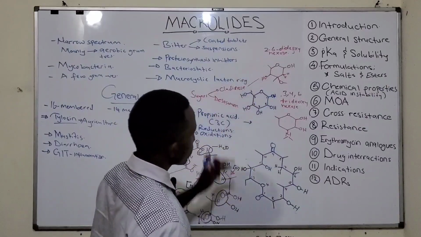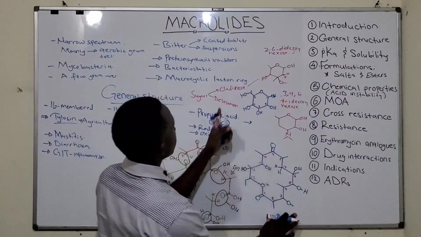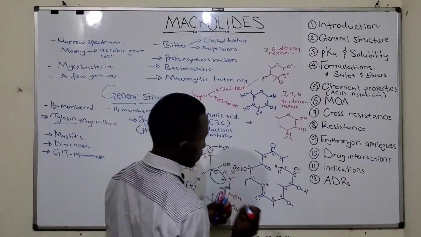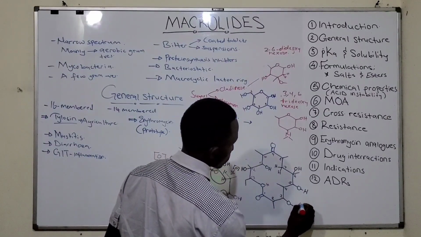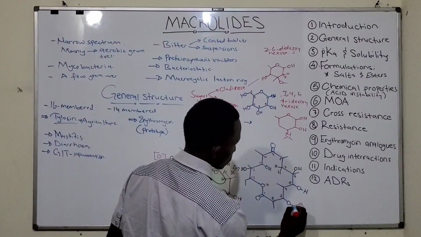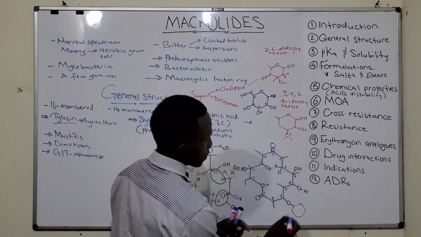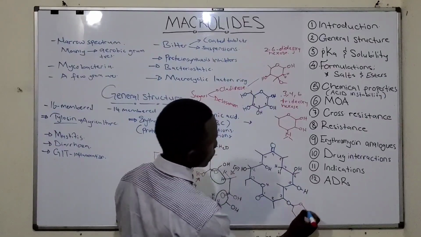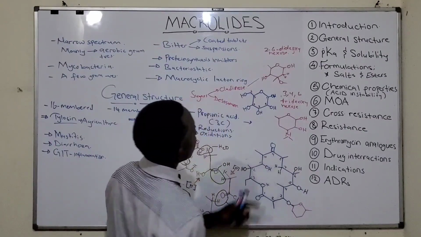Now, these sugars are substituted here. Here we shall have the glutinose. Therefore, it should be like this. This is position 1. This is position 6.